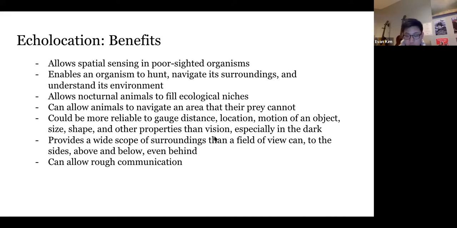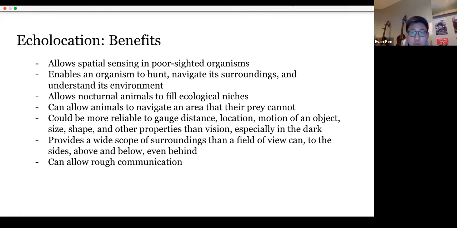And if it's moving away from them, if it's moving towards them, and they can lead their target if they know that they're moving, say, to the right. All sorts of things like density, size, and shape can be determined by echolocation. It's more than just a rough system of understanding that something is in front of an animal. And again, the theme of the dark. Sight doesn't work very well in the dark, so sound can take its place.